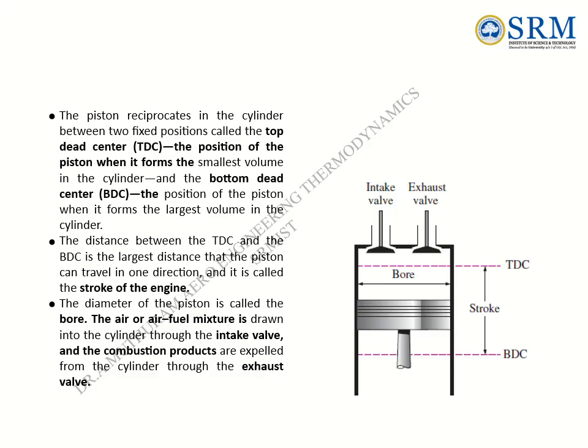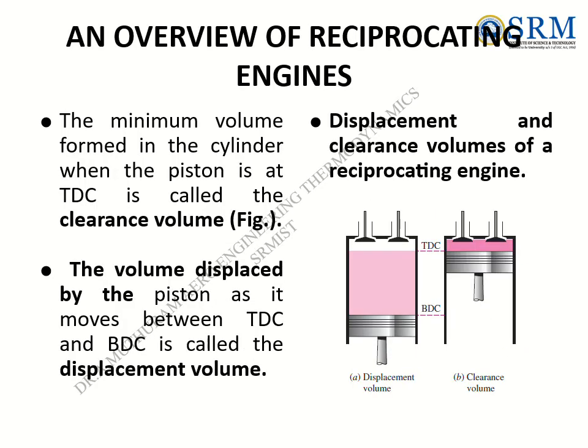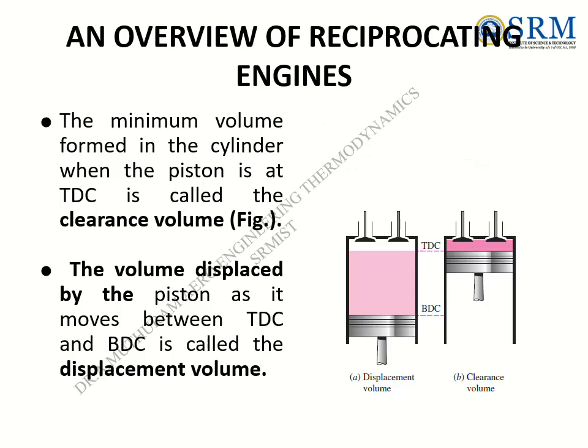The air-fuel mixture is drawn into the cylinder through the intake valve, and the combustion products are expelled from the cylinder through the exhaust valve. The minimum volume formed in the cylinder when the piston is at TDC is called the clearance volume. The volume displaced by the piston as it moves between TDC and BDC is called the displacement volume.